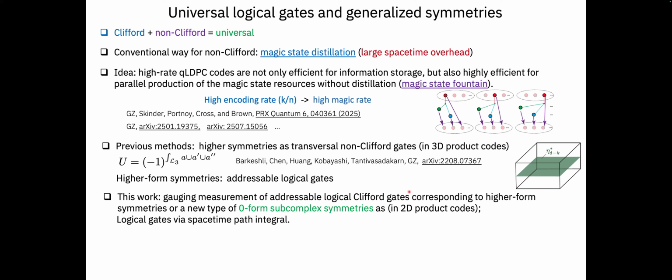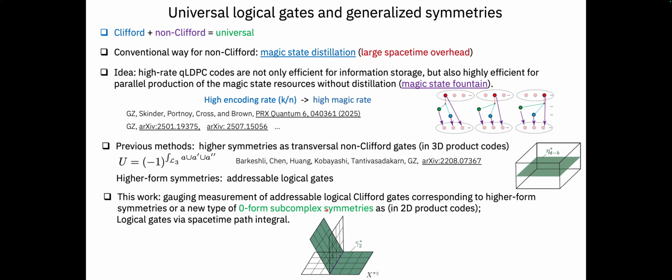Here you only need to go to some two-dimensional version of qLDPC codes rather than three dimensions. So in this context, you won't have a transversal non-Clifford gate. You only have Clifford gates, but by measuring these Clifford gates, you can effectively implement the non-Clifford gate. And in this context, you can also understand the logical gates as a space-time path integral.